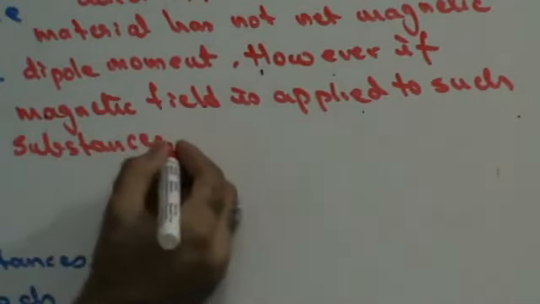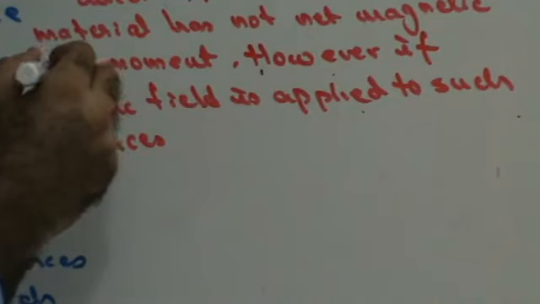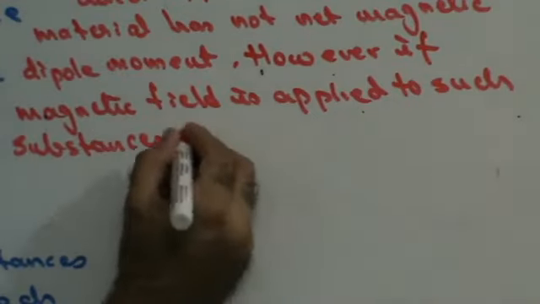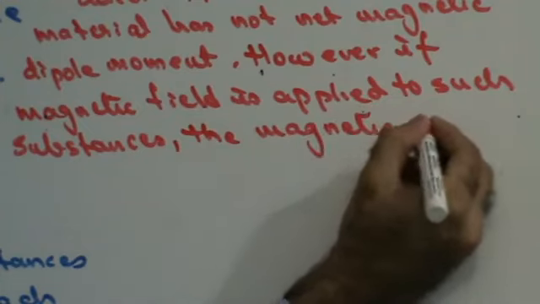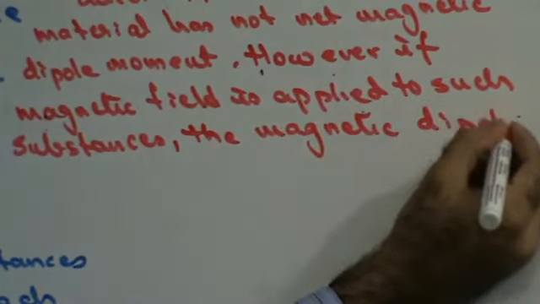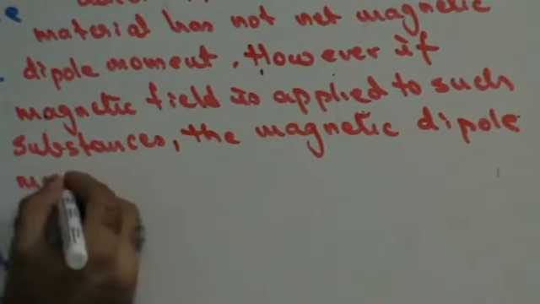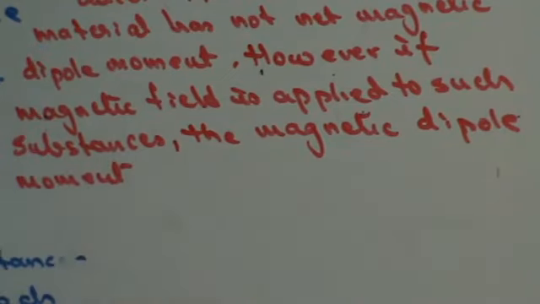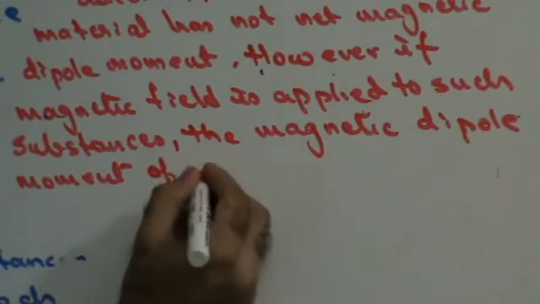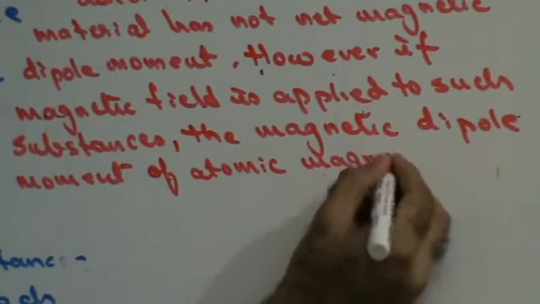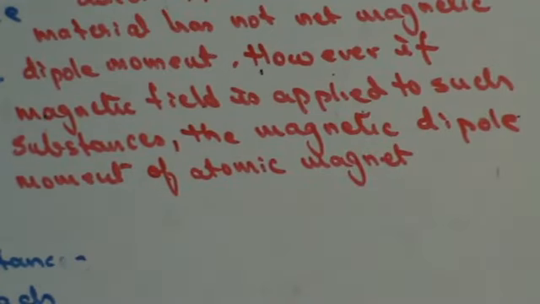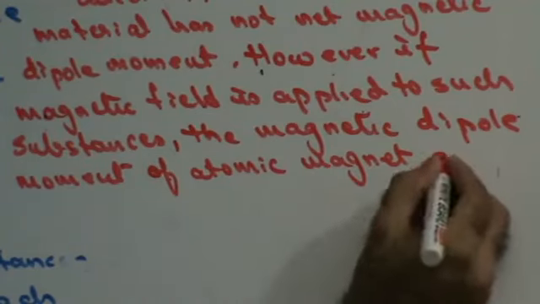If a field is applied to such substances, the magnetic dipole moment of atomic magnets get aligned in the direction of the magnetic field.